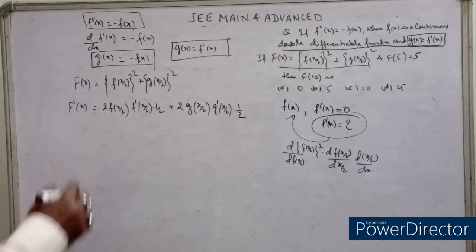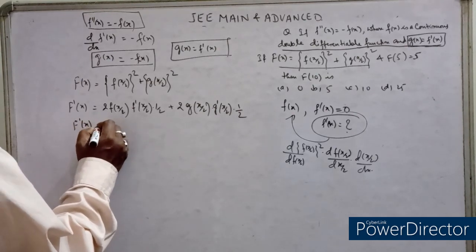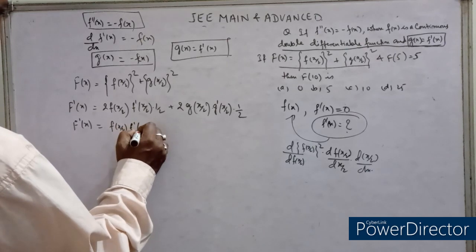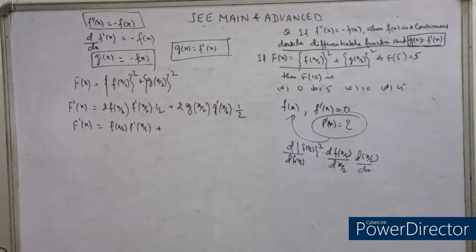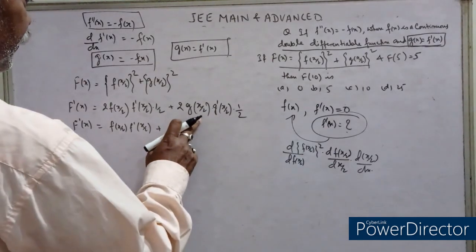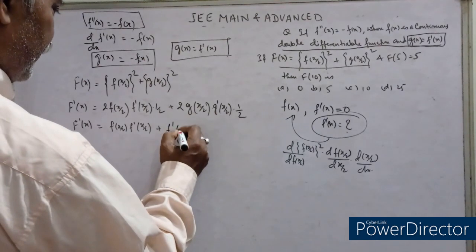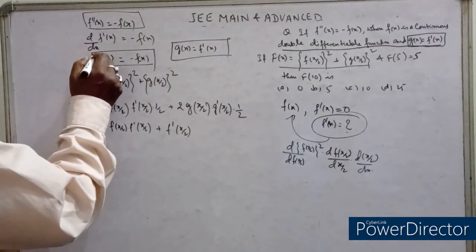So ultimately you are going to get that f dash x is equal to f x by 2, f dash x by 2, and here you see that in g x you can write f dash x, so this will be f dash x by 2, and sorry, this is g dash x.